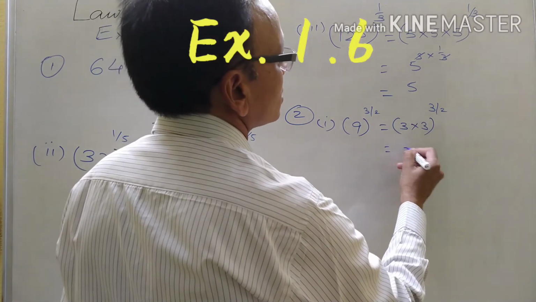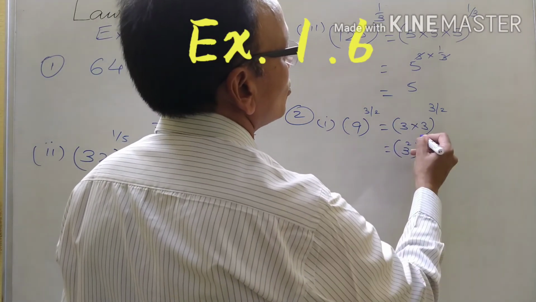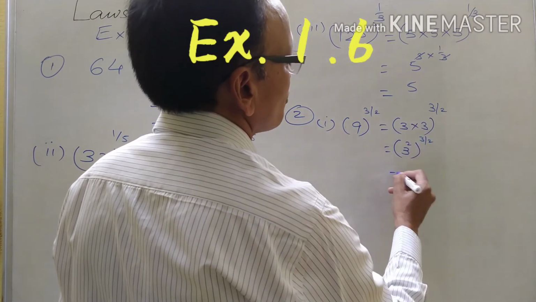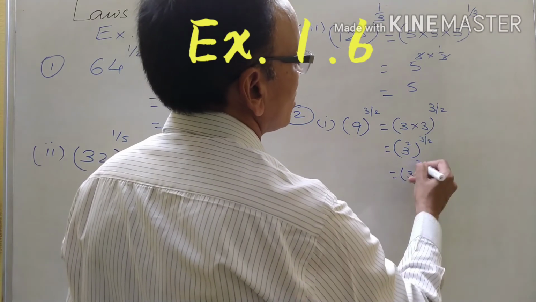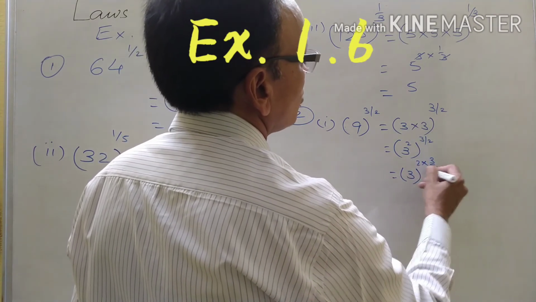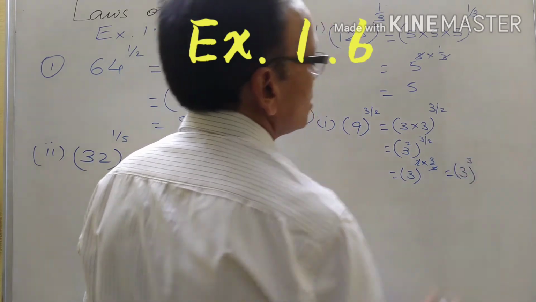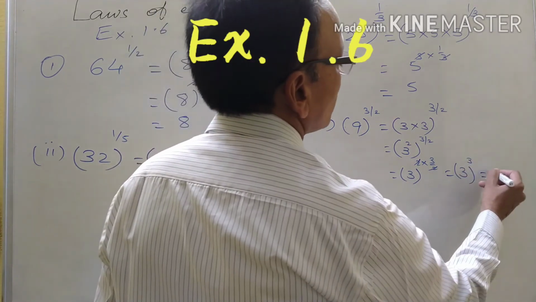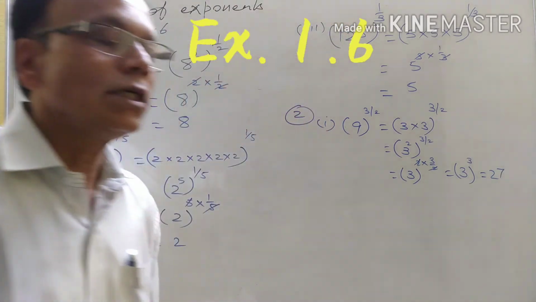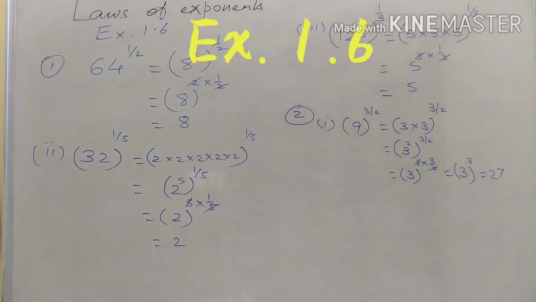So it becomes 3 to the power 2 to the power 3 by 2. It becomes 3 to the power 2 into 3 by 2. This 2 cancelled. So the result becomes 3 to the power 3, and 3 to the power 3 means 3 into 3 into 3, 3 times. So it is 27.